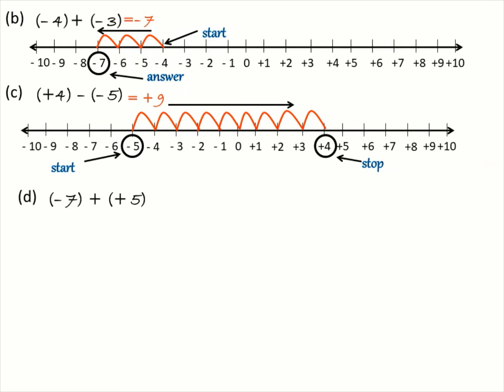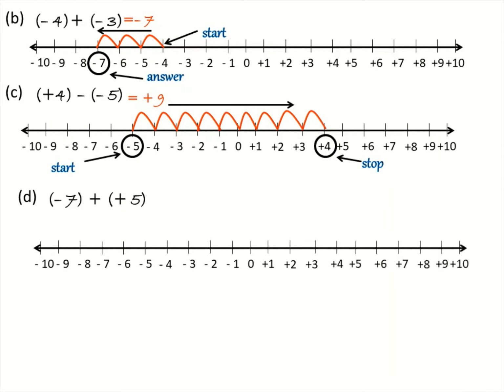So we draw our number line as usual, and then we see what we are doing. We read out it is -7, we are adding +5, so it is addition. So it means -7 becomes our starting point.